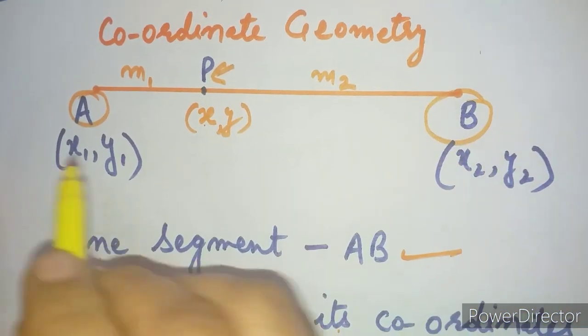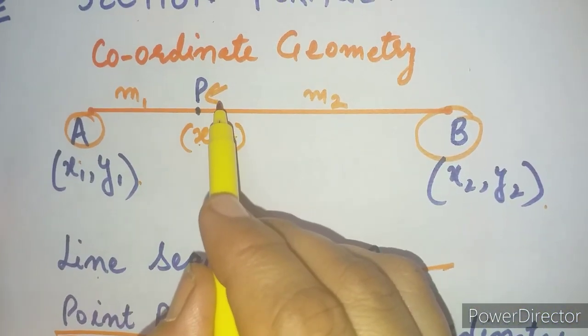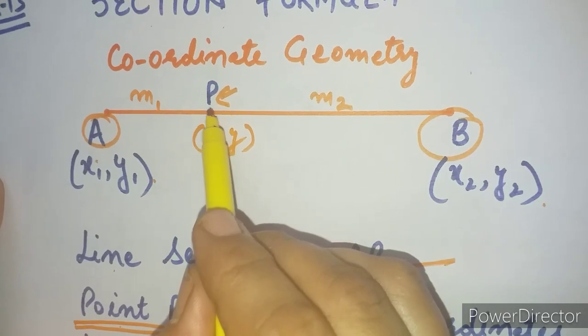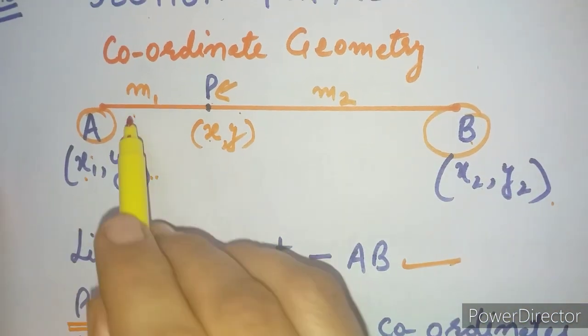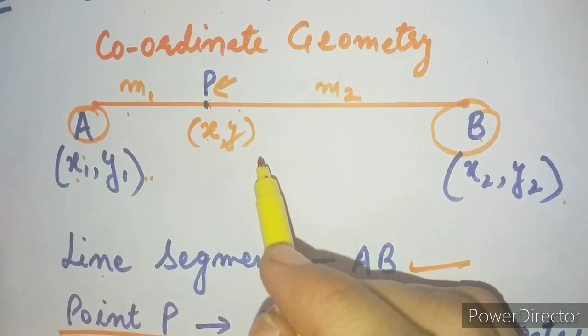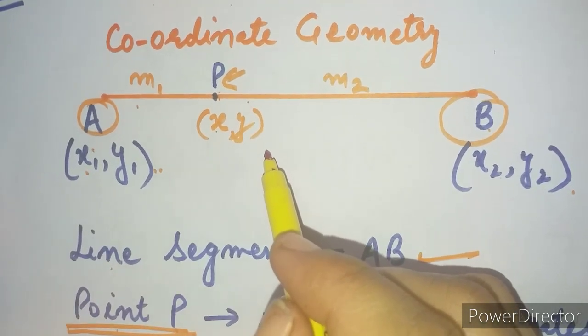A and B are the known points whose coordinates will be given to you, and P is the unknown point here. So we have to find the coordinates of point P with the help of the section formula when two points are given and the ratio in which point P divides the line AB will be given to you. Now comes the actual section formula.